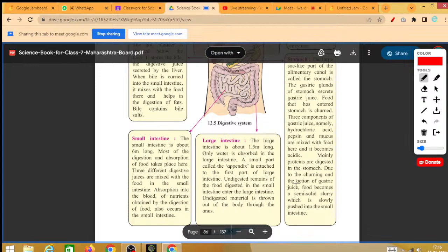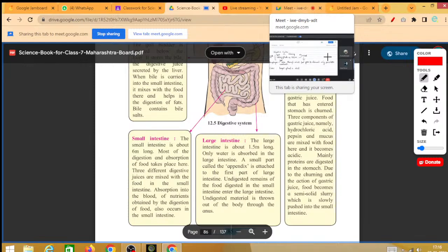Due to the churning and the action of gastric juice, food becomes a semi-solid slurry which is slowly pushed into the small intestine. Miss, now due to the process of churning and the action of the gastric juice, food becomes a semi-solid slurry.